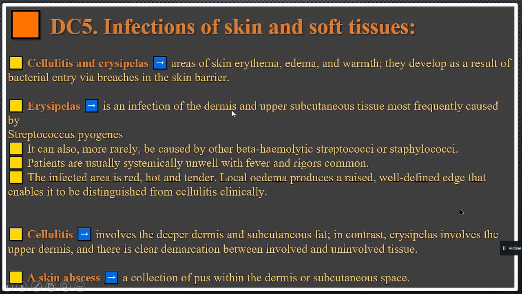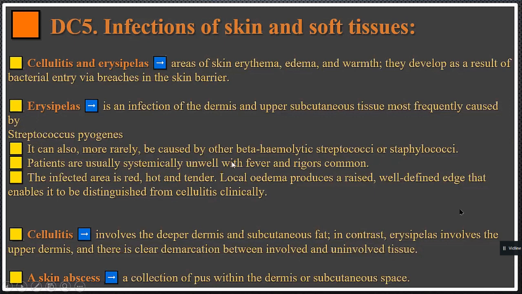Erysipelas is an infection of the dermis and the upper subcutaneous tissue. So this is the difference between erysipelas and cellulitis. It is caused by Streptococcus pyogenes, and more rarely by beta hemolytic streptococci or staphylococci.